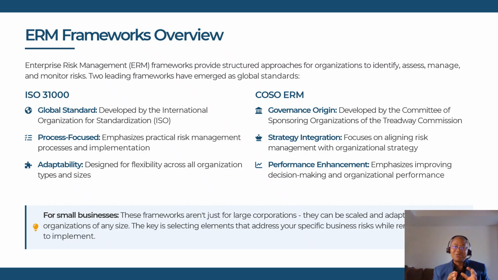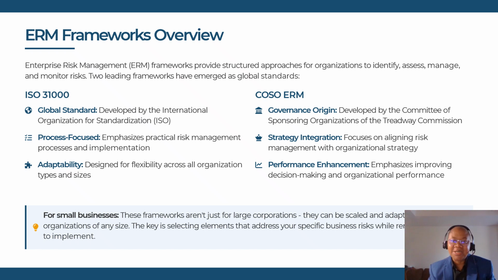And it focuses on aligning risk management with organizational strategy, bearing in mind that different organizations have different goals, different strategy. So you are aligning your risk management to suit the particular strategy you run as an organization.